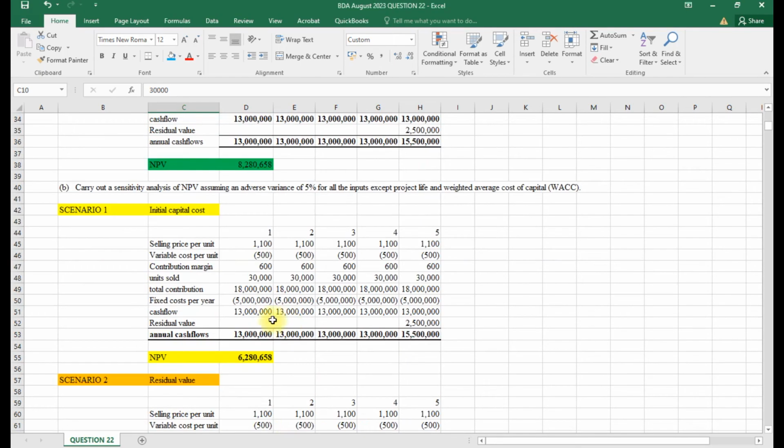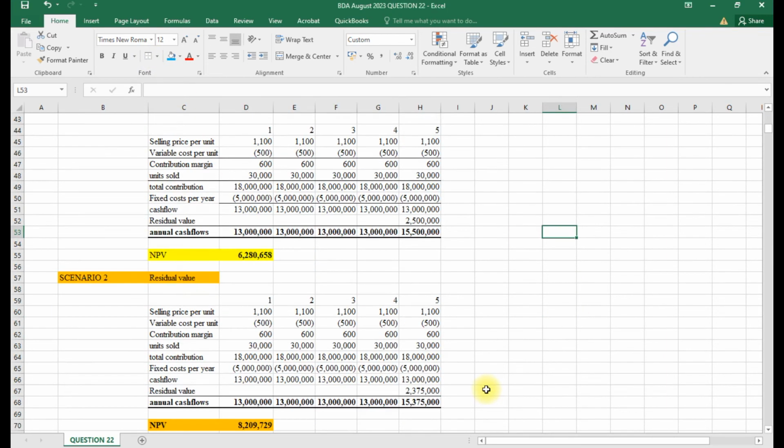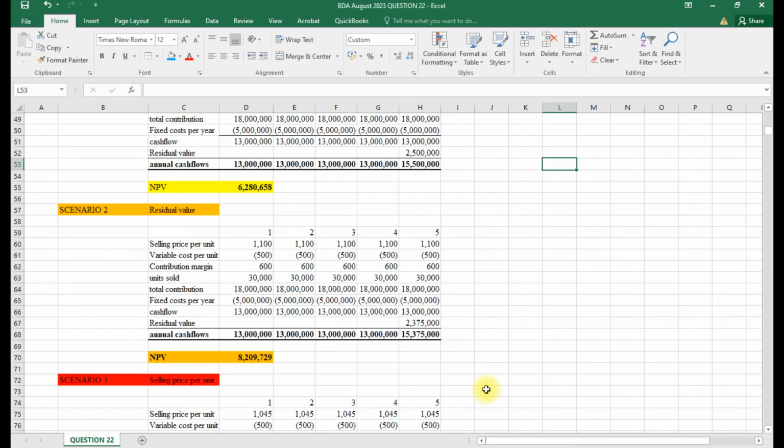I'll do a little bit of adjustment on this to make them good. And units sold, total contribution. You get your cash flow there.